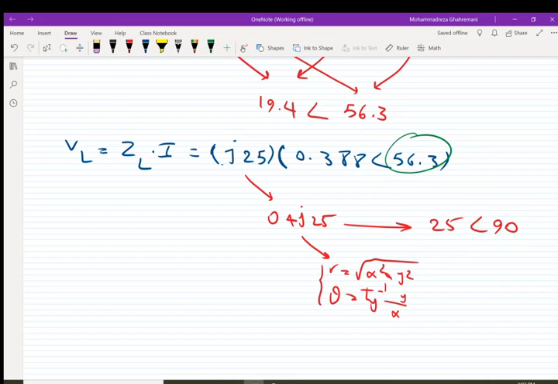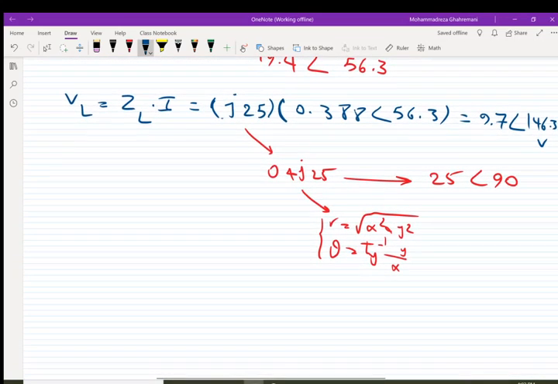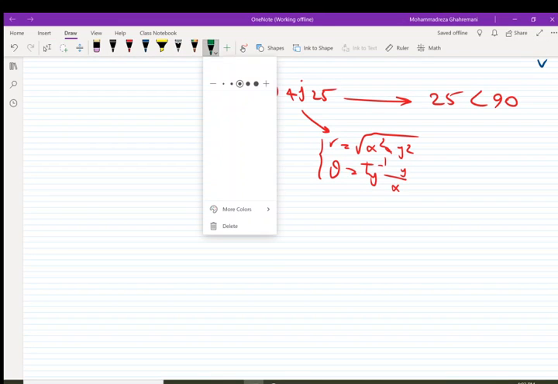So if we do that, the answer will be equal to 9.7 with the angle of 33.7 volts. Okay, so this one is VL.